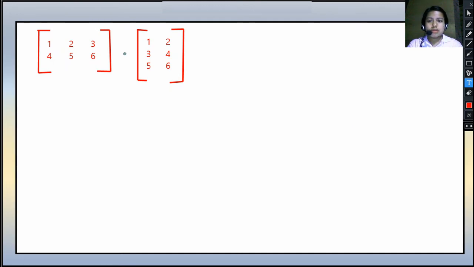Now, of course, first we need to check if our product is defined. So let's use the way to check if we have a defined product. We write the size of our first matrix, which is 2 by 3, then the other one, which is 3 by 2.